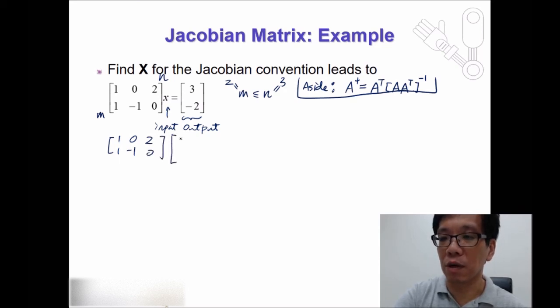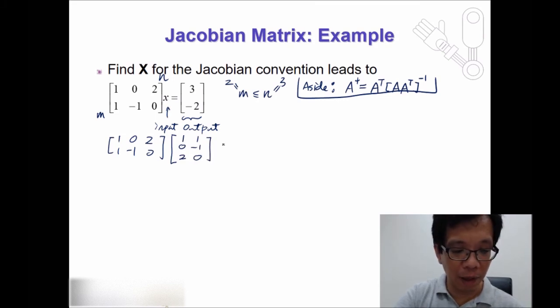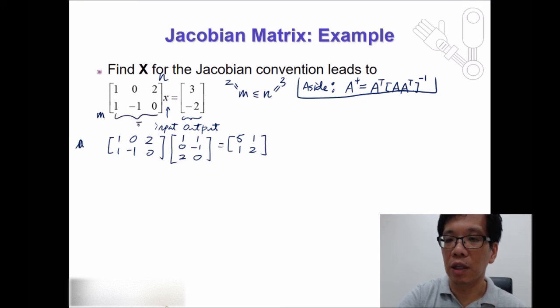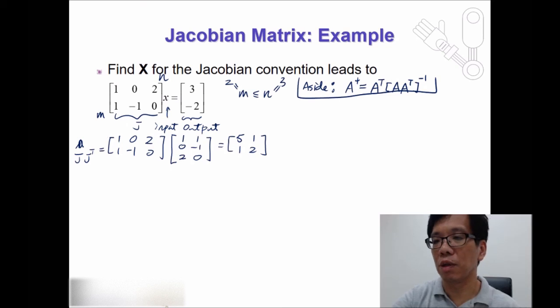The transpose of this matrix is going to be 1, 2, 0, 1, 0, 2, 1, negative 1, and 0. If we multiply everything all together, this one over here is going to be 5, 1, 1, 2. This is my J, J times JT equals this one.